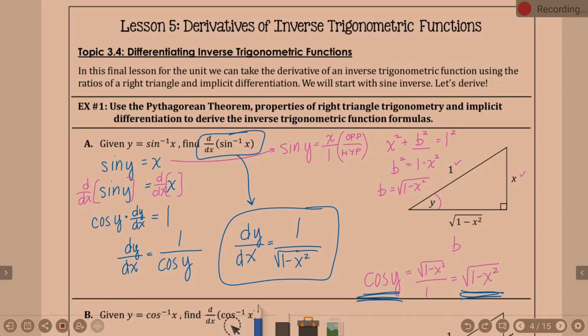Okay? So sine inverse, arc sine, same thing. But notice, it is u prime over square root of 1 minus u squared. Well, square root of 1 minus u squared, that's our square root of 1 minus x squared. They say u prime because that represents the chain rule when you have to do the derivative of the inside. Okay? So that's your derivative right there.